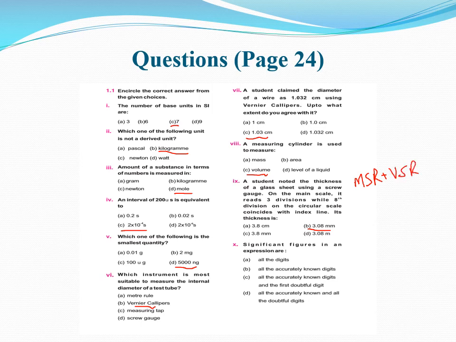So main scale reading is 3, and how to get vernier scale reading? By multiplying the coinciding division with the least count of the screw gauge. And what was that? 0.01 millimeter. So 3 plus 0.03.